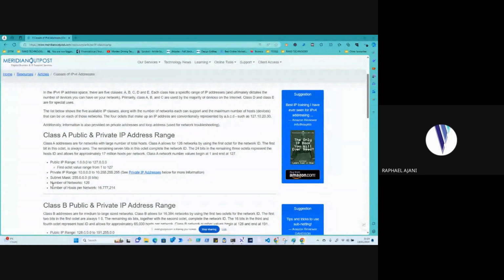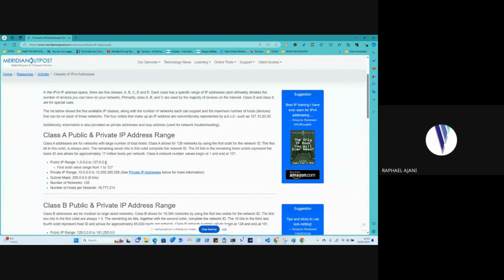Now, just to add to what Emeka is saying, class A is the top level classification, right? And at that level, it starts from 1.0.0.0 up to 127.0.0.0.